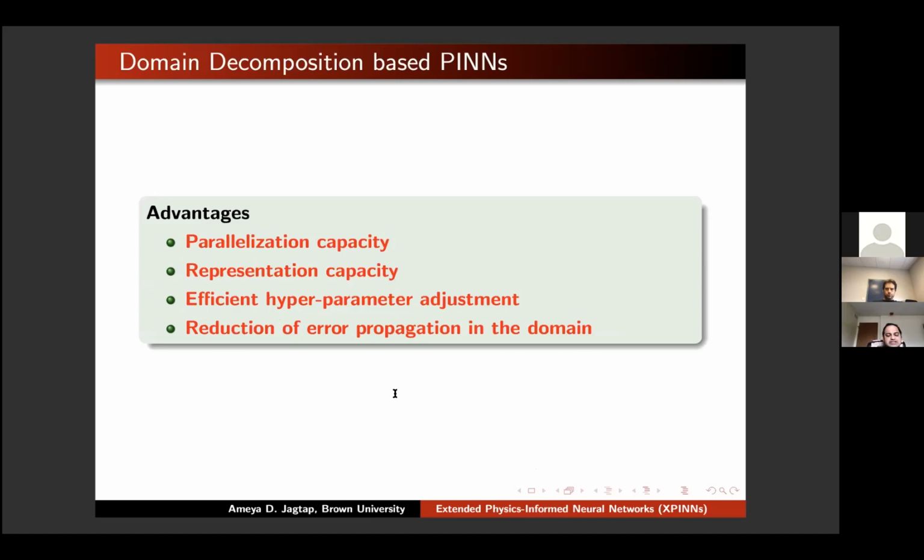And a second thing is it can have a large representation capacity, because you can choose the depth of the network as per the solution evolving.